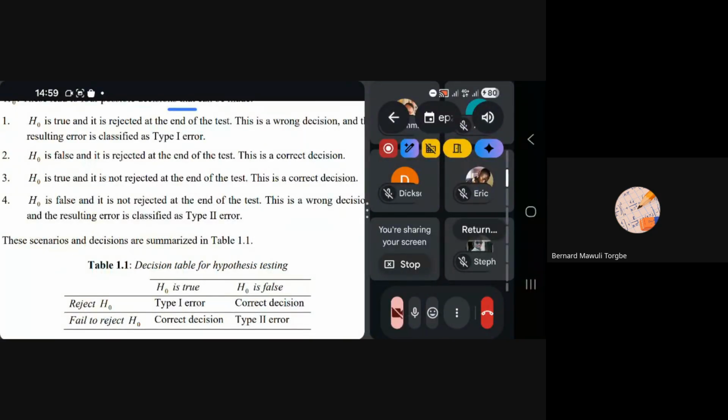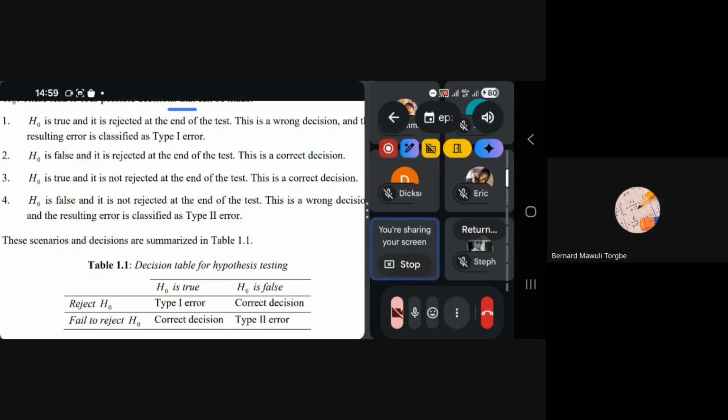We are saying that the null hypothesis is false, and it is rejected at the end. Okay. So the second one, we are told that if the null is false and it is rejected at the end of the test, this is a correct decision.